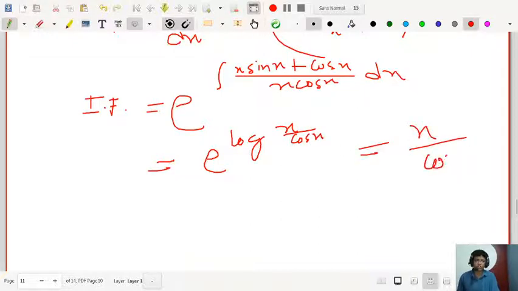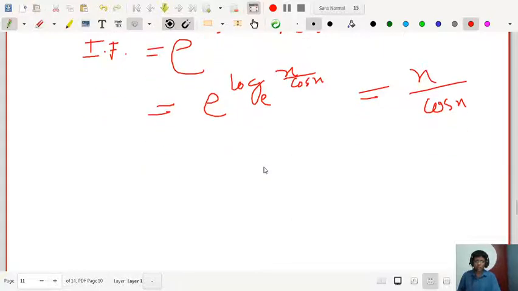You can check that: the first term, x gets cancelled and it is tan x. Integration of tan x is minus log cos x. In the next term, cos x gets cancelled and it is dx by x, and that integration will be log x. So it is log of x by cos x, and e to the power log something, because you have e base, gives x by cos x.